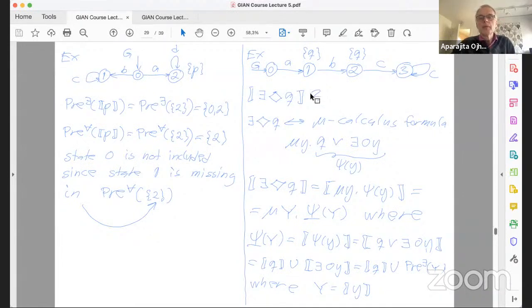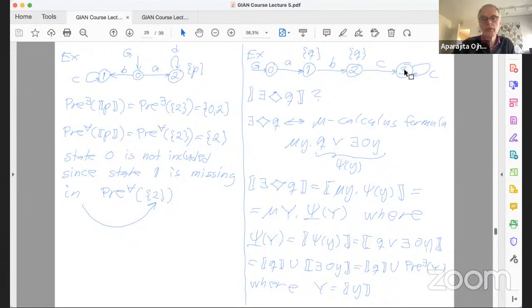So let's see here. The question for this problem is, in which states is this property satisfied? There exists a path where eventually you get Q. And just by looking at this, we can say that it's true in state 0, it's true in state 1 and state 2, but not in state 3.